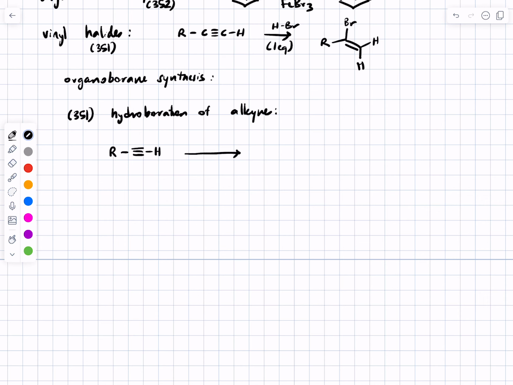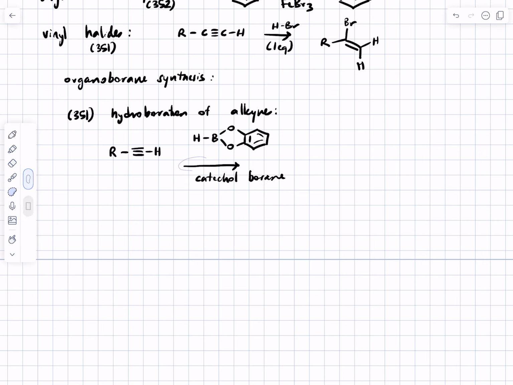and then you add this reagent, which is called catechol borane, and this will do regioselective and stereoselective hydroboration across one of the pi bonds of the alkyne.